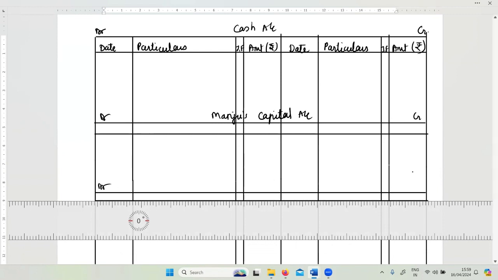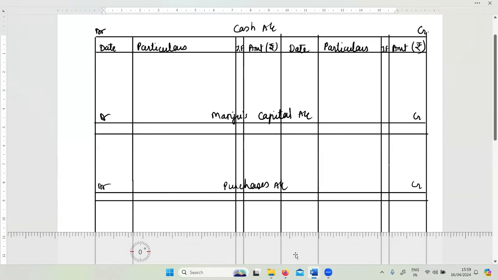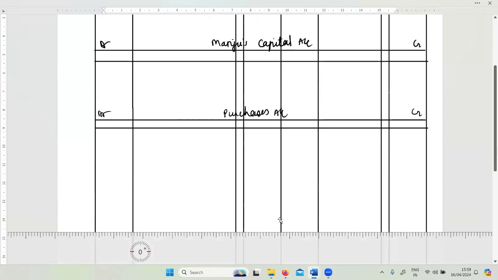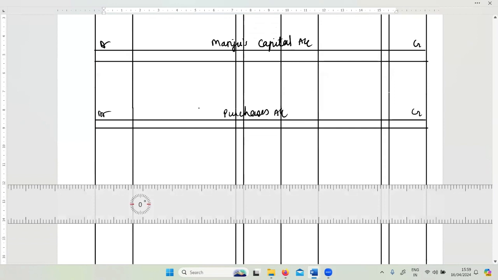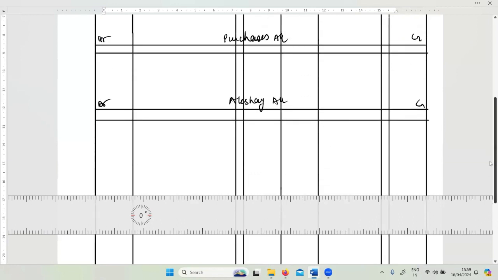So debit and credit. This is purchases account. After purchases account, I have Akshay's account, right? So again, your debit and credit side for Akshay's account. And finally, I also have to take care of the last account. And the last account is what?